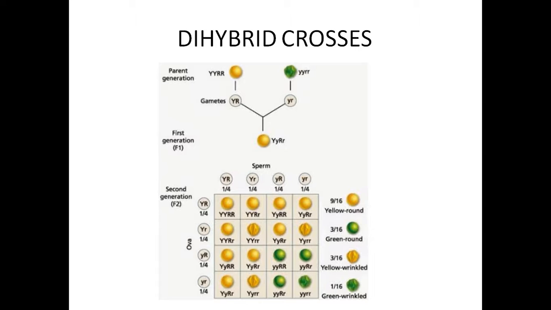In the dihybrid cross, capital Y, capital R is in homozygous condition. Homozygous pea plant he has taken, having yellow and round seeds.